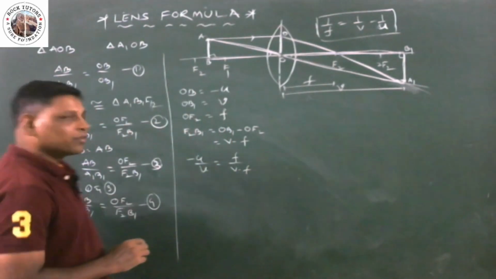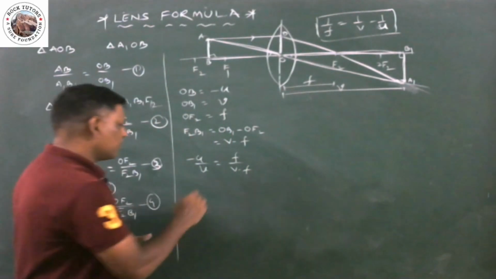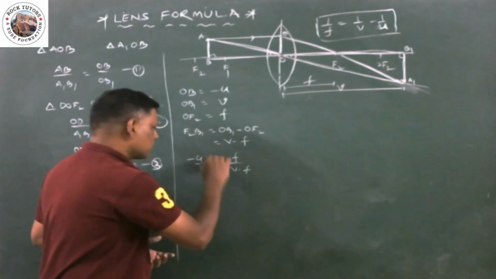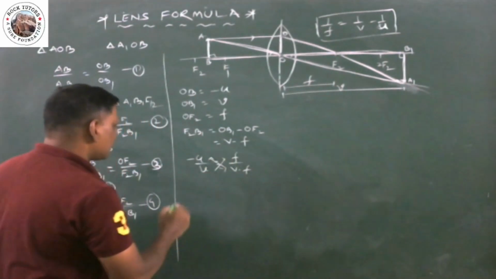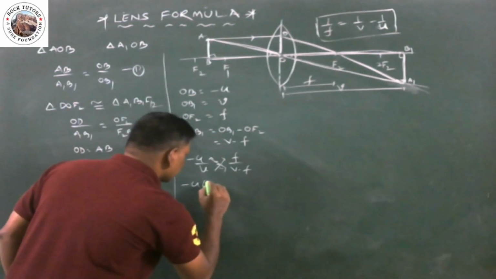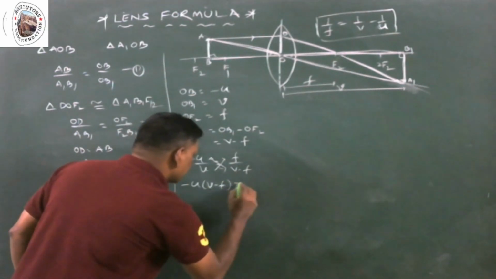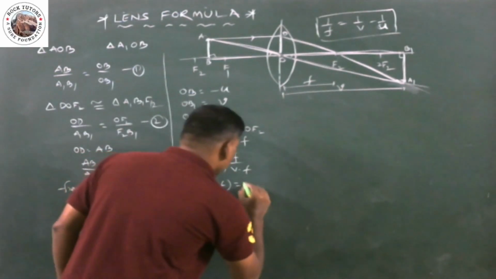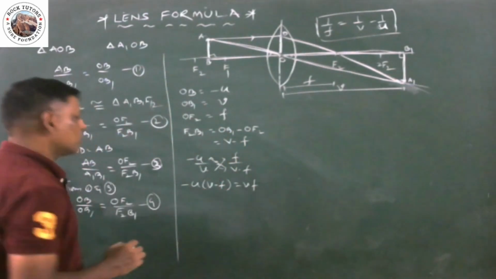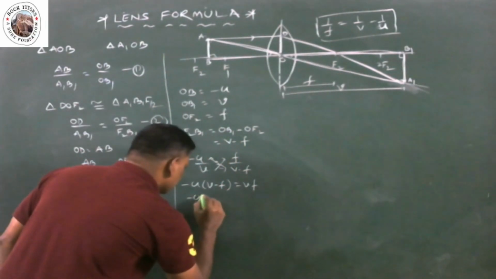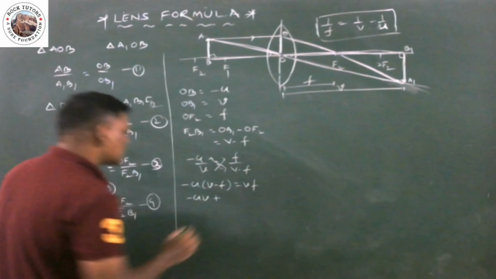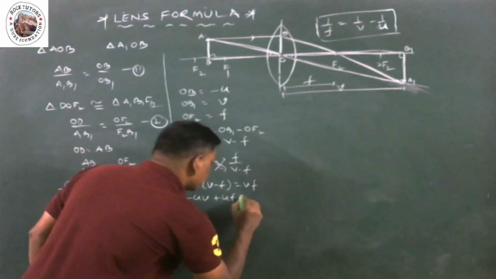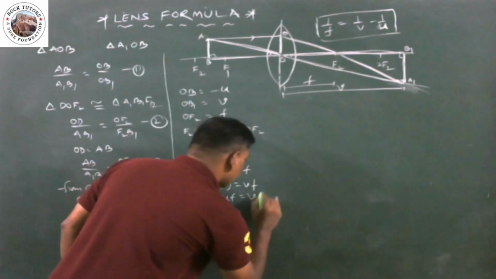Now if you solve this equation and cross multiply, it becomes minus u into v minus f is equal to vf, so minus uv plus uf is equal to vf.